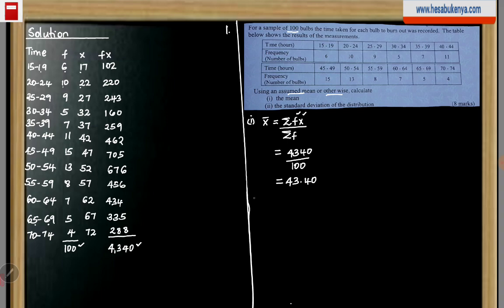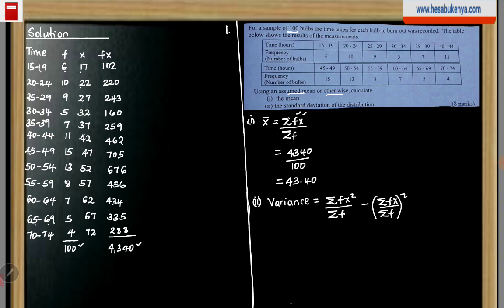Now, Roman 2, we are required to find the standard deviation of the distribution, which can be gotten by first finding the variance. Now, variance is equal to summation of fx squared over summation of f minus summation of fx over summation of f, squared.